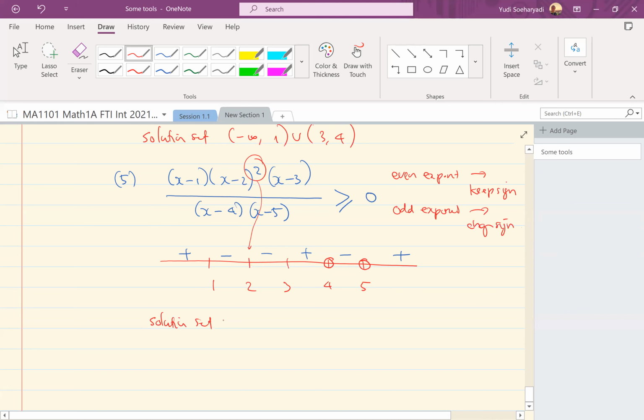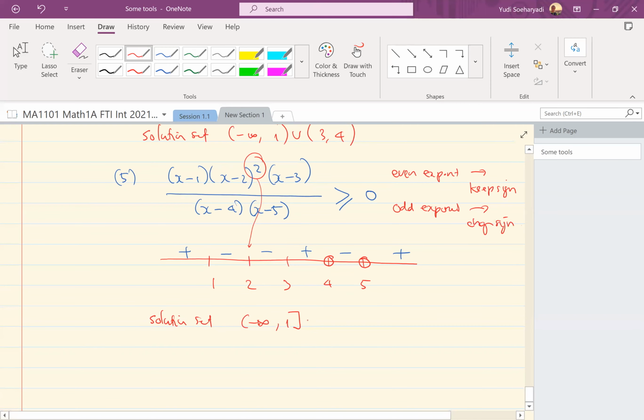So we're looking for positive or 0. Okay, positive or 0, that should be 1, right? And let's see here, from 3 to 4. 4 cannot be included. Why? Because here and there. Okay, that's the solution set.